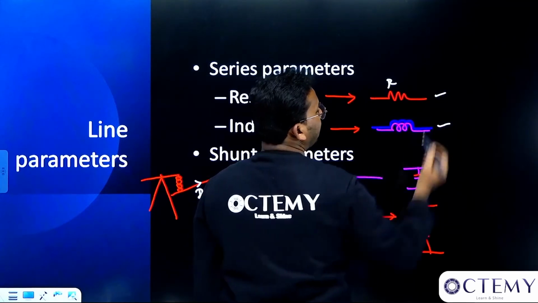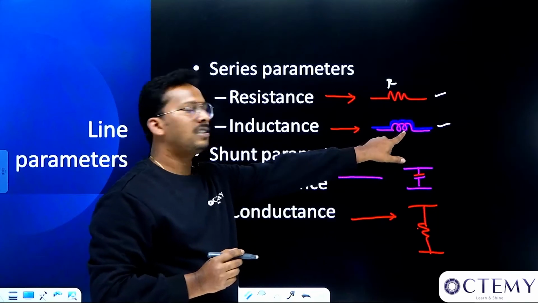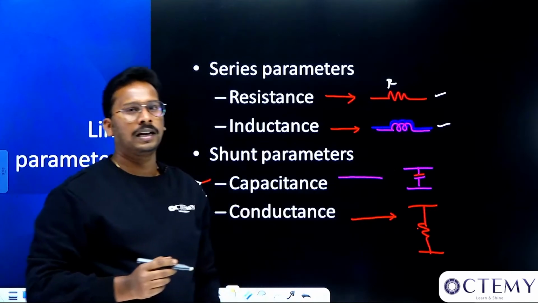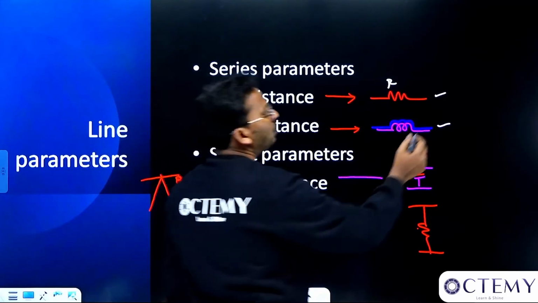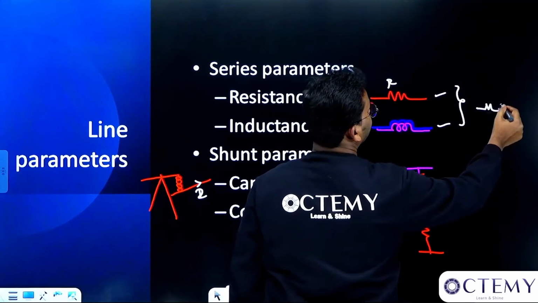Now these two parameters depend on the current. This opposes the flow of current, and this is due to the rate of change of current. The rate of change of flux will come, so it comes into inductance. Since these two are depending on current, we will show them as series parameters like this.